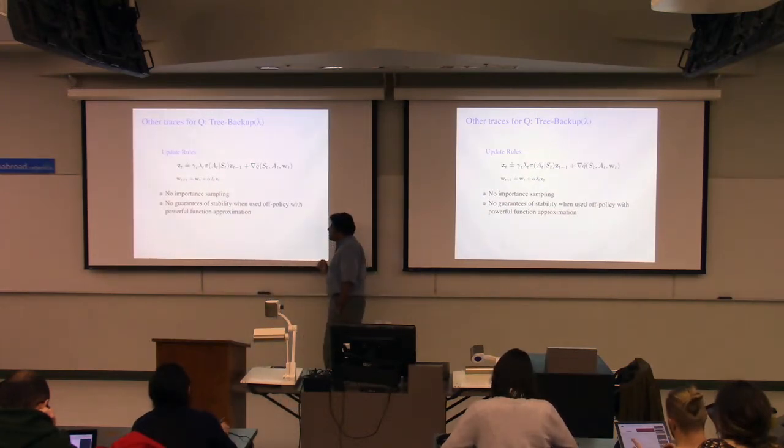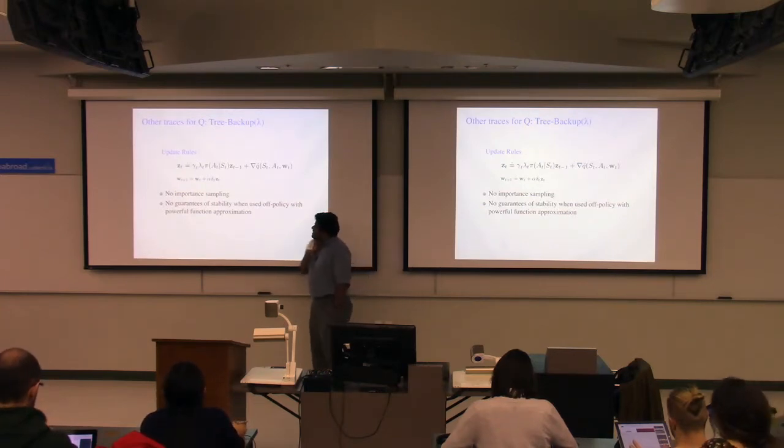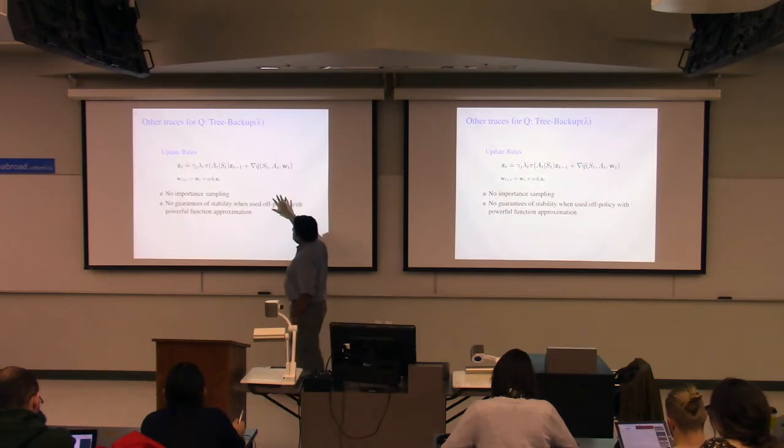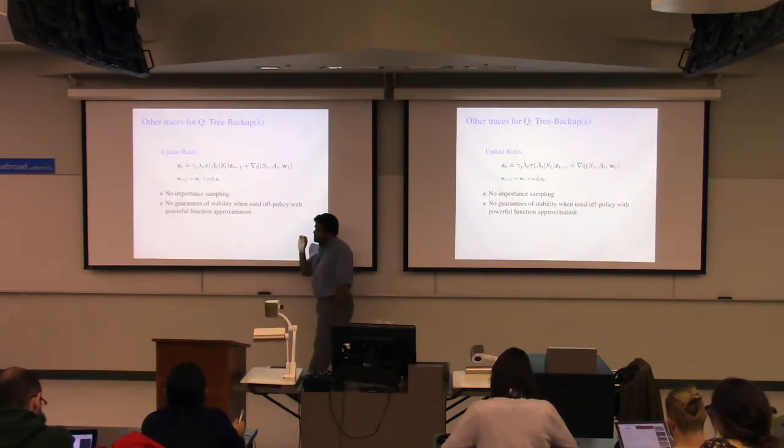Now, one nice benefit of this is that there's no importance sampling. And why is that a benefit? Well, importance sampling can blow up, and it's often difficult to try and control what importance sampling is doing.